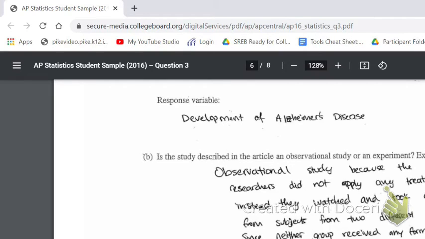I want to pause right here and ask a question that was not on here. Would it be ethical to conduct this as an experiment? No. Why not? Because Alzheimer's disease is a very messy disease. We also know at this point that smoking carries many other risks associated with it.